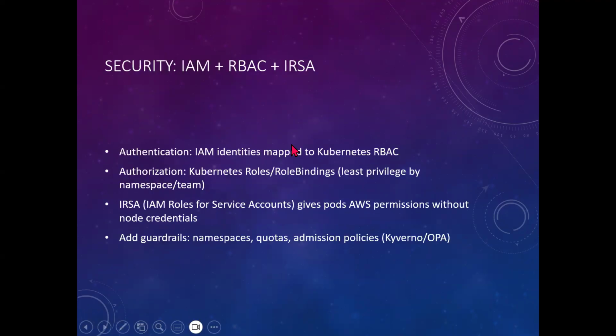Then for security, there is IAM, and IAM maps to Kubernetes RBAC. Now, what is RBAC? It's a very, very important aspect in Kubernetes. It stands for role-based access control.